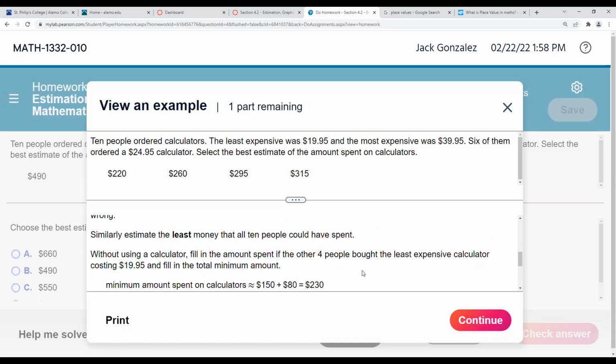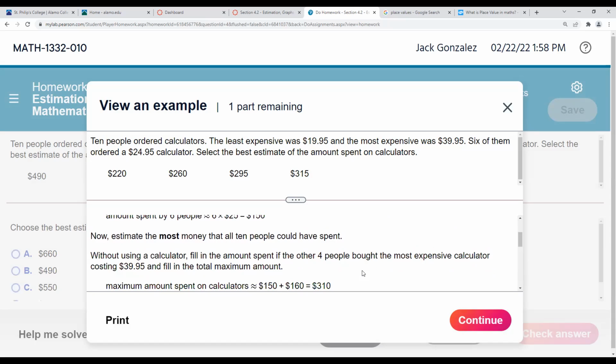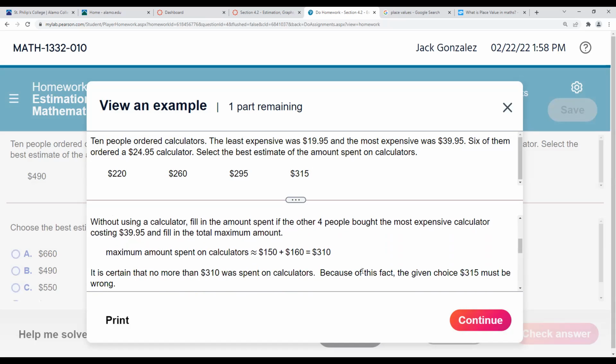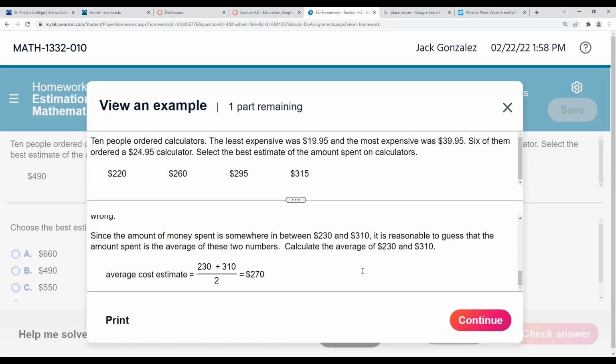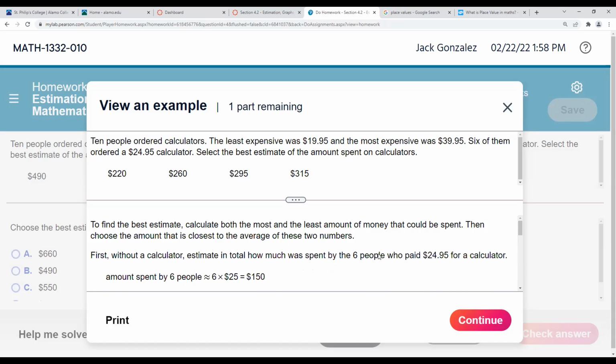So you see what they're giving us, right? The only thing we know is what 6 people did. The other 4 are unknown. They don't tell us anywhere.